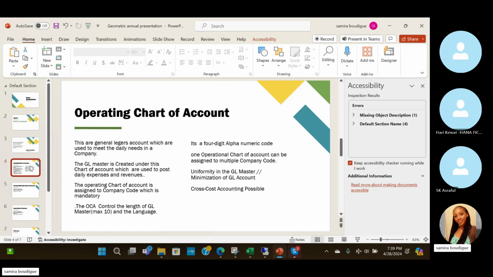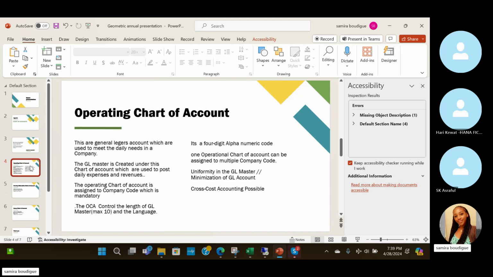The general ledger master is created under the chart of accounts, and it is used to post daily expenses and revenue.